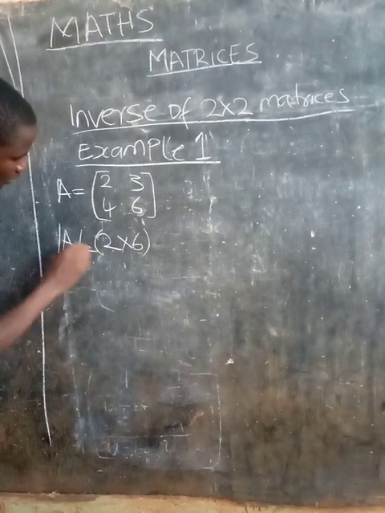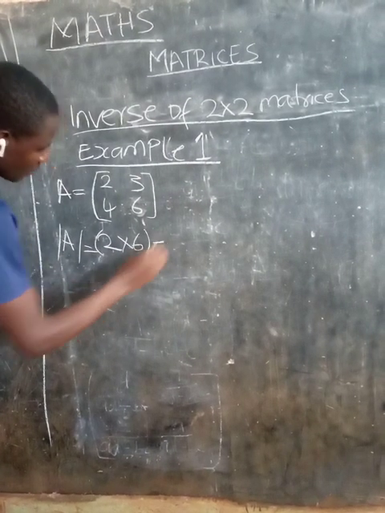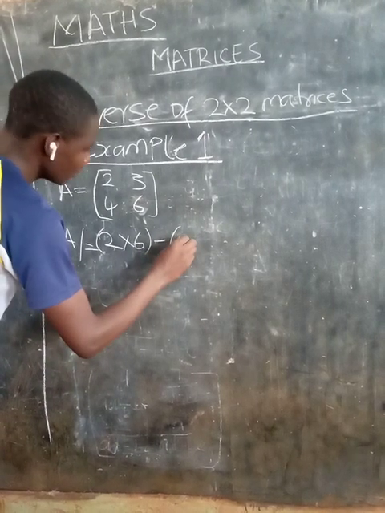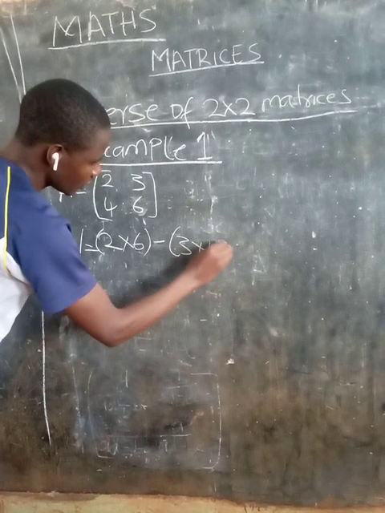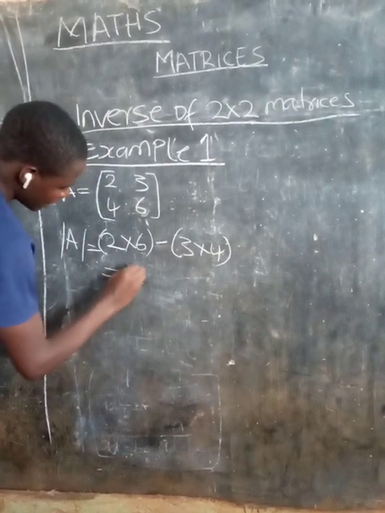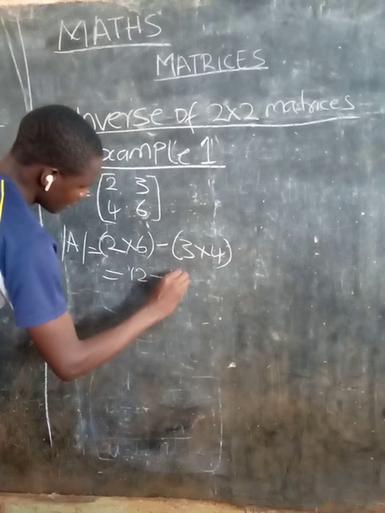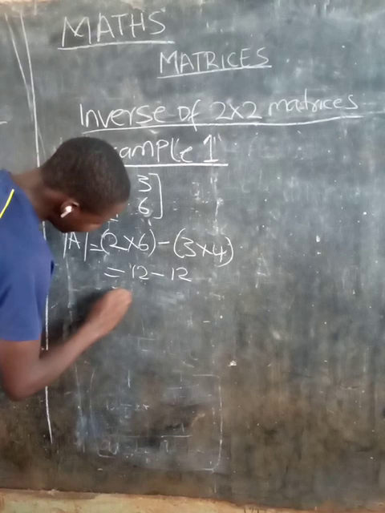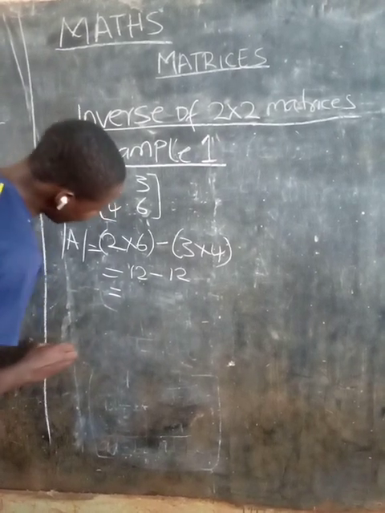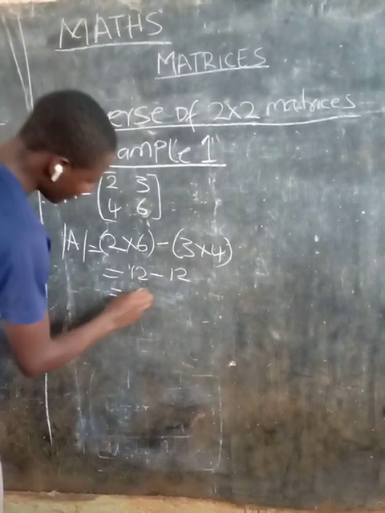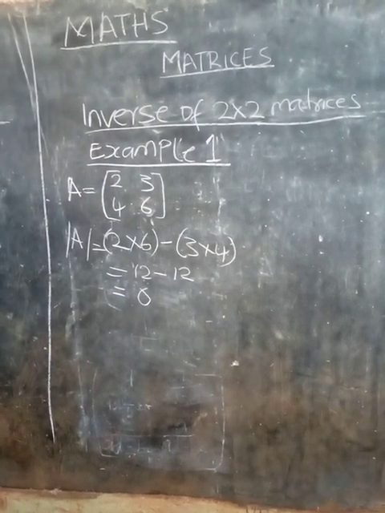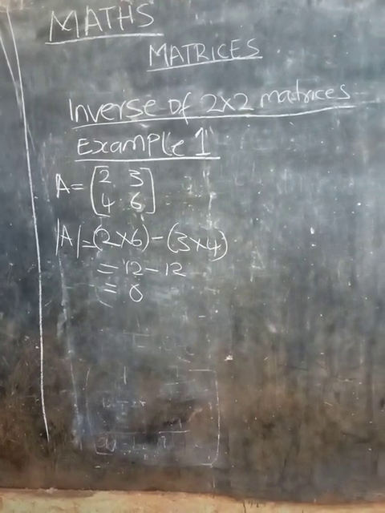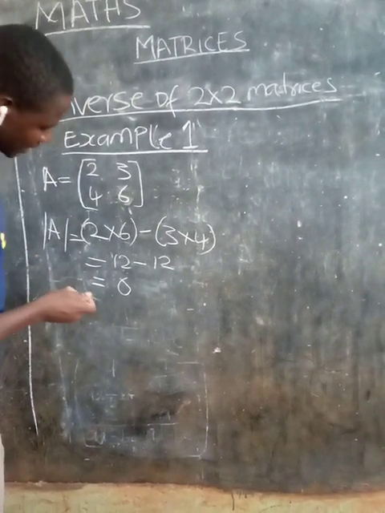The determinant of matrix A is equal to the product of the main diagonal minus the product of the other diagonal, that is 3 times 4. That gives us 12 minus 12. In this case, our determinant is 0, which is not the usual answer we always expect.